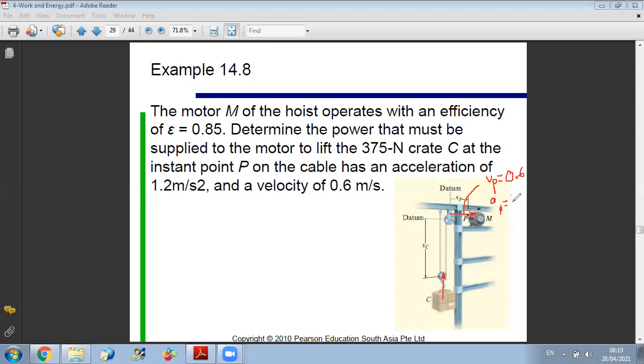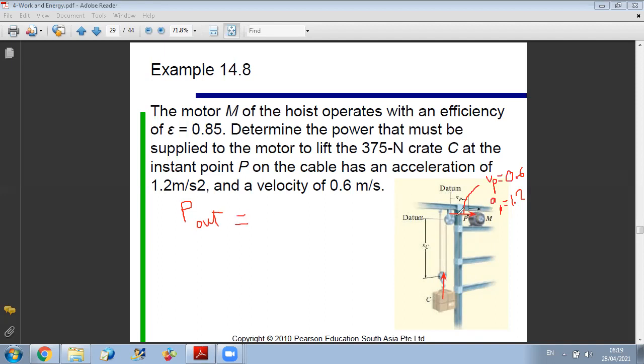Now the question is to determine the power that must be supplied to the motor. So to start with, for the motor, what can we calculate? We can calculate the useful power. So P output is the useful power that will lift the crate.